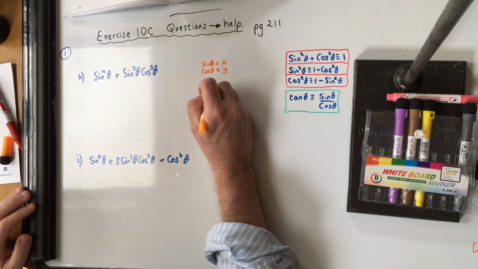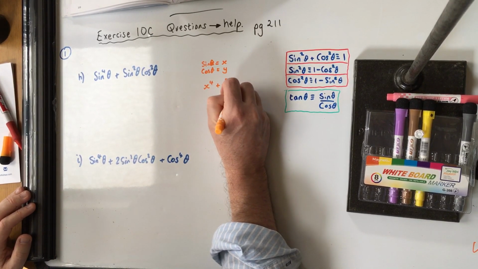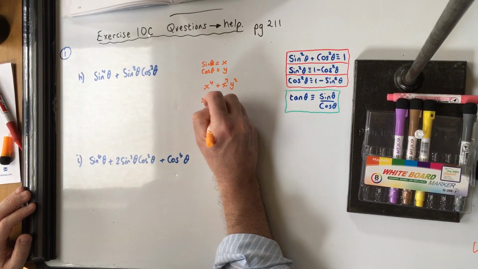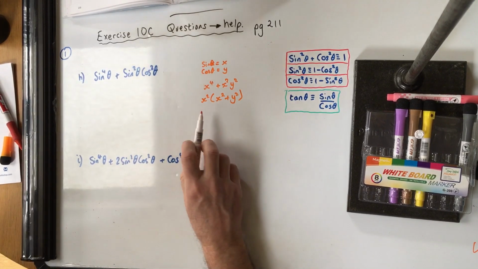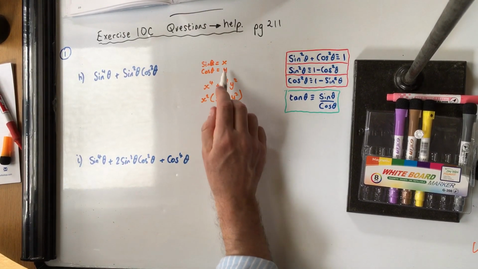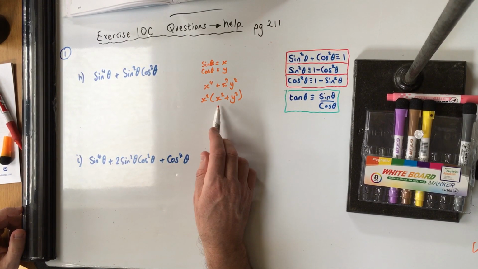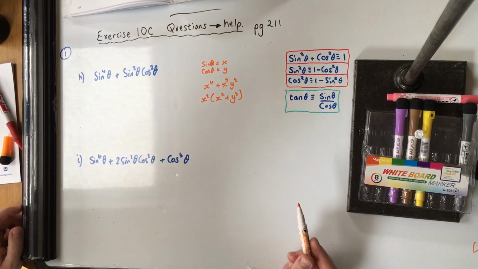So we could then go x to the power of 4 plus x squared y squared. If you factorise that, you can take out x squared, can't you? And you'd have x squared plus y squared. That's in terms of just x and y, which you're more used to at GCSE. That would factorise to that. And this x squared plus y squared, of course, is your sine squared plus your cos squared, which is 1.